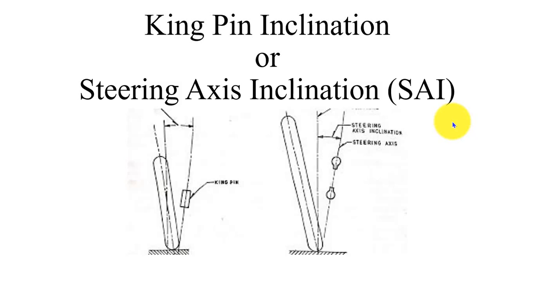The angle SAI is non-adjustable. It can only change if the steering knuckle is bent. When steering is applied to turn the vehicle, the tire axis will follow the path, keeping the steering axis as the center. Because of that, the tire will face a downward force, and the road surface will provide a lifting force on the tire.